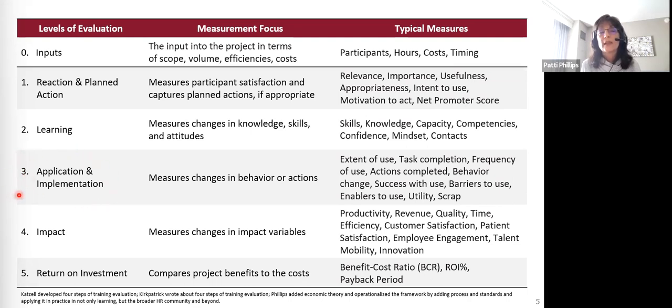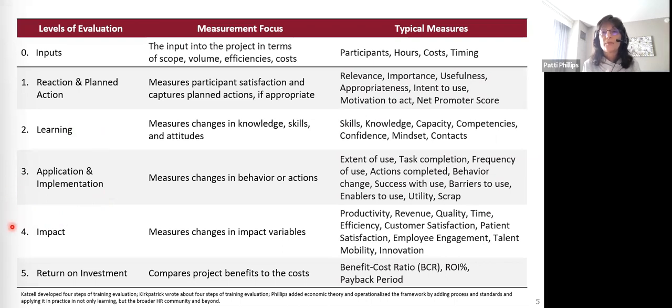We also capture data that describe for us the barriers and enablers to their doing it. At level 3, we're looking at success of our program from a system perspective. Is the system supporting the implementation of the knowledge, skill, information, and insight the way we want them to? Because what we know after all these years of evaluating programs, we know that if you don't get impact and you don't get ROI, a lot of times it's because the system did not support it.